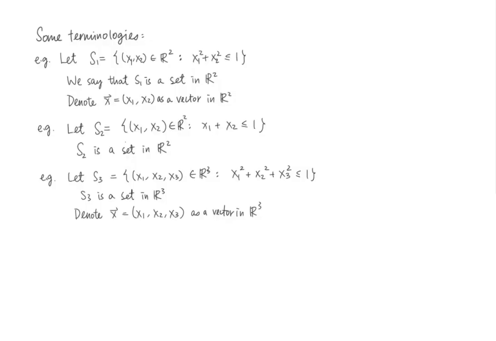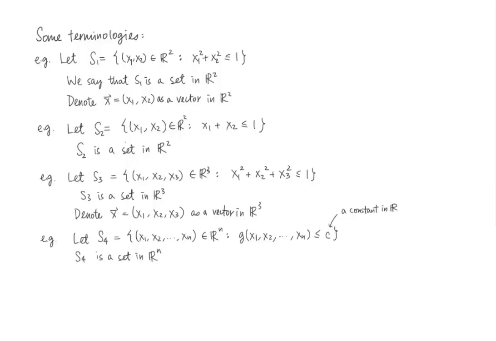We say that S3 is a set in R3. This set contains points which lie on the sphere with center at the origin (0, 0, 0) and radius equal to 1, as well as points inside the sphere. And we can denote the vector x to be the points in R3.